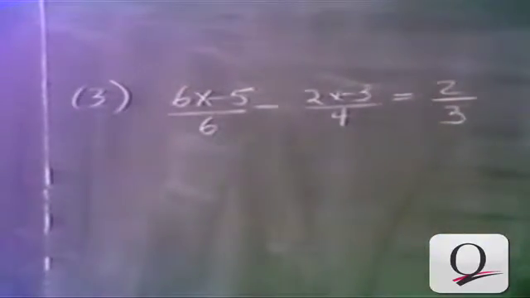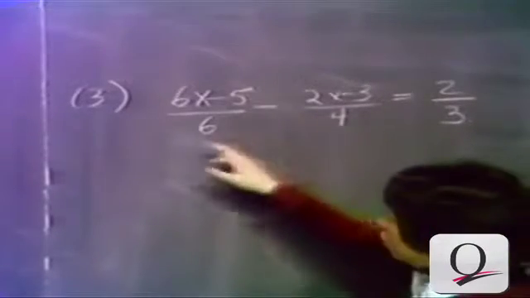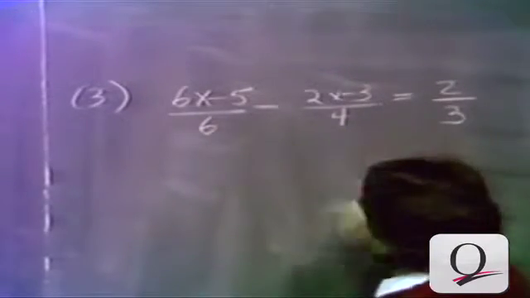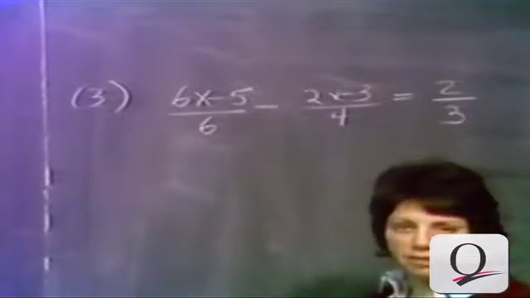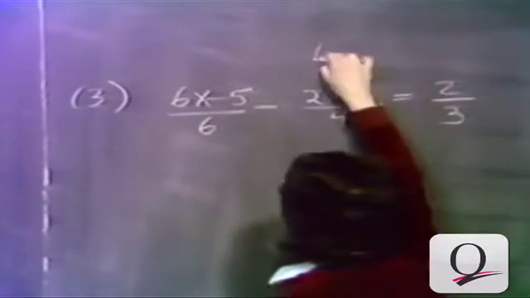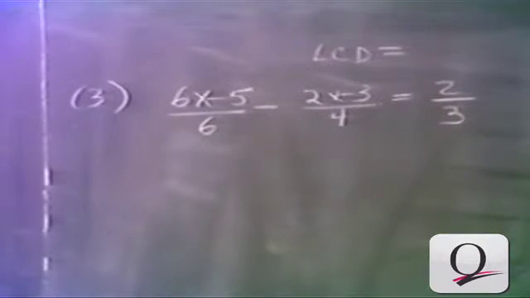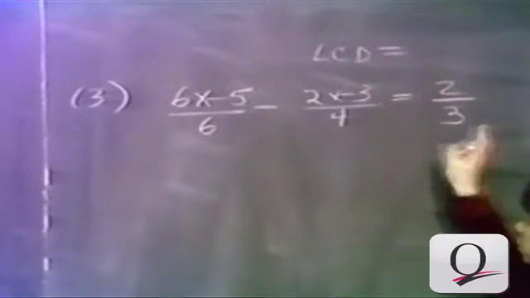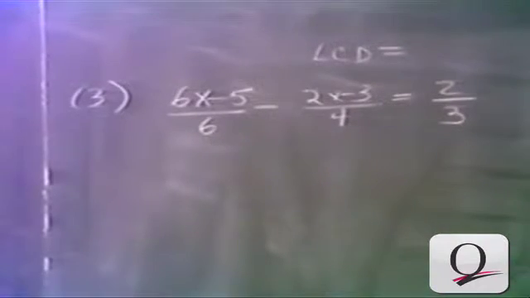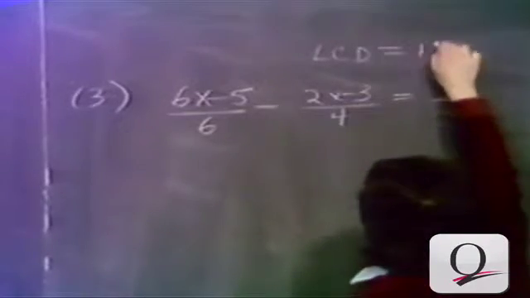Now, the way to handle an equation involving fractions is to multiply both sides of the equation by a number sufficiently large so that all of the denominators will cancel out. We will clear fractions. And the number that we use is the LCD of the denominators here, the smallest number that has 3, 4, and 6 as factors, and it turns out to be 12.